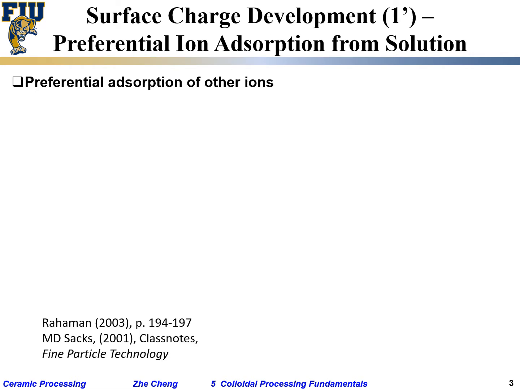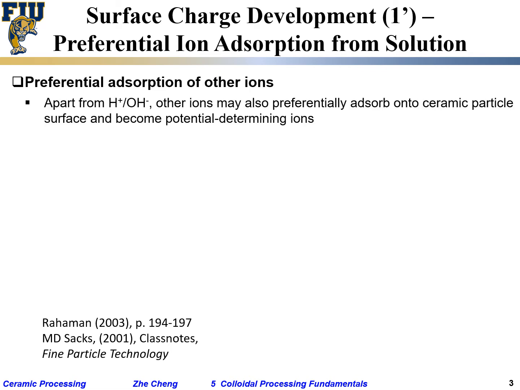The other one, and let's continue a little bit, surface charge. Apart from protons or hydroxy groups, there are other ions that may also selectively or preferentially adsorb onto the ceramic particle surface and become the potential or charge determining ions.